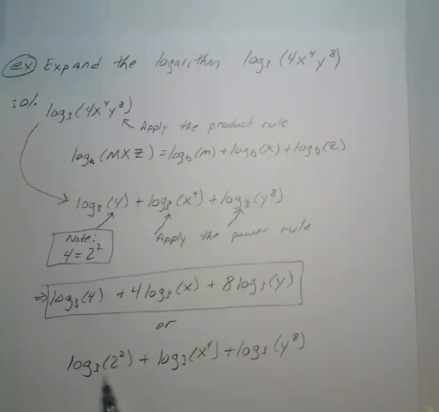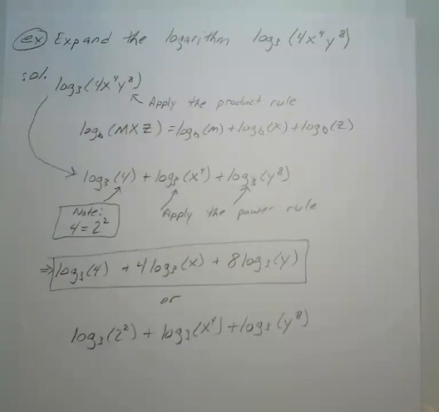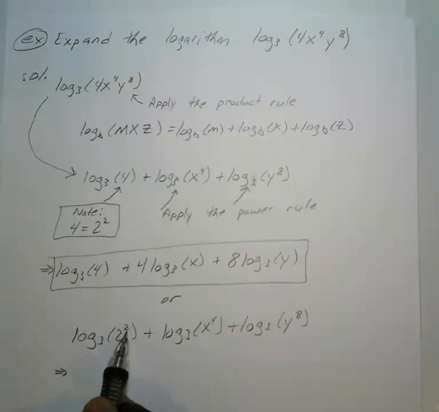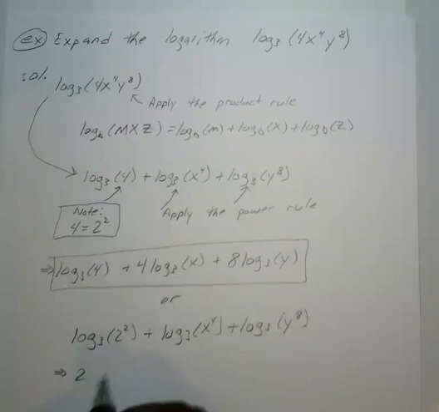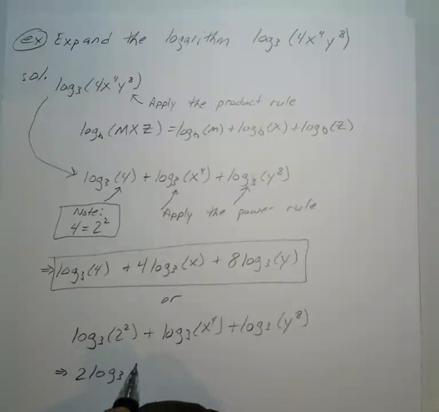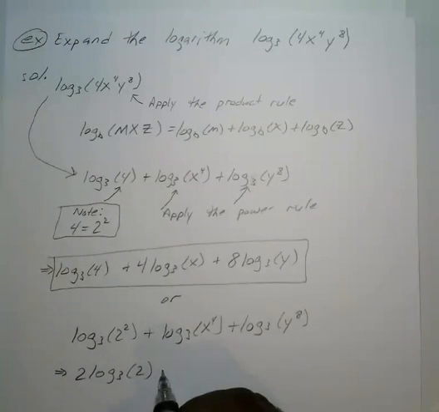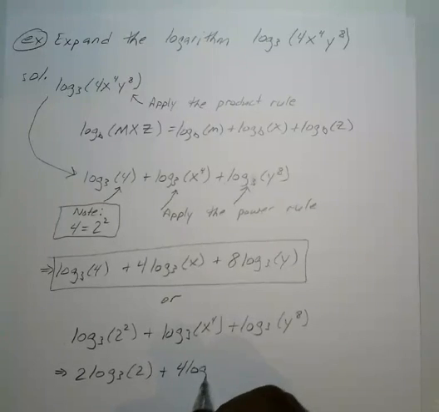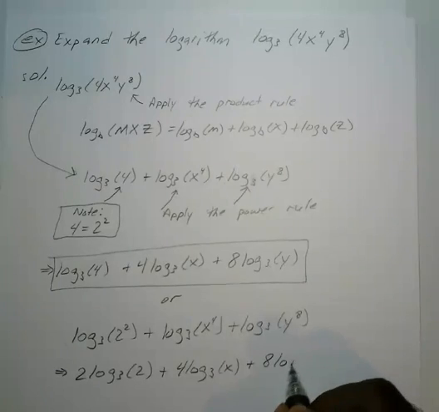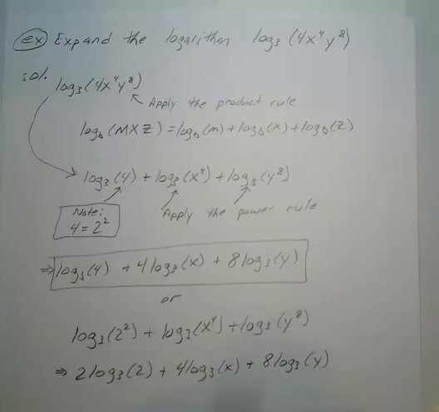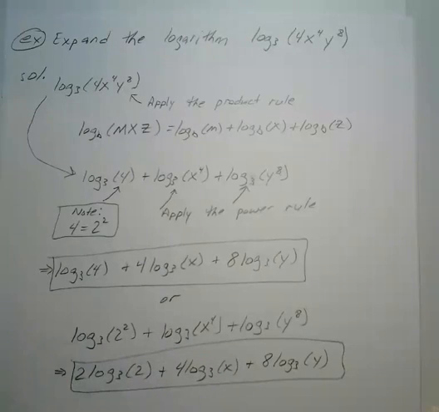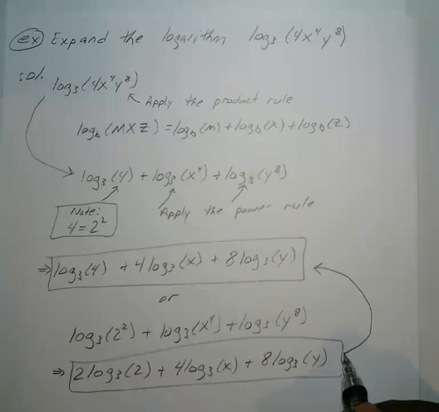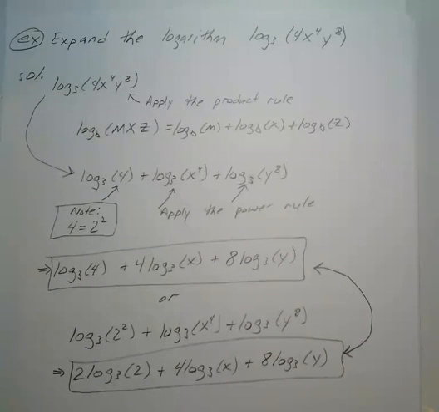Okay, we can actually apply the power rule to all of those, not just those two like we did for this answer. So if we rewrote that, bringing that 2 out in front, we have 2 log base 3 of 2 plus 4 log base 3 of x plus 8 log base 3 of y. Okay, so actually these two, it's the same answer, just written 2 different ways.